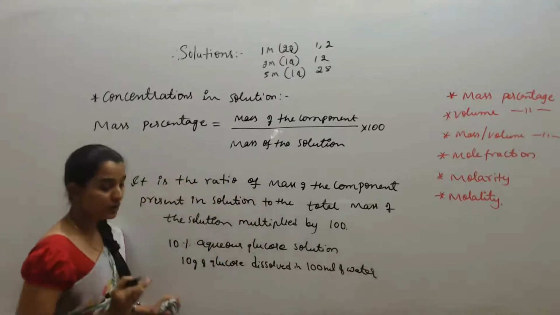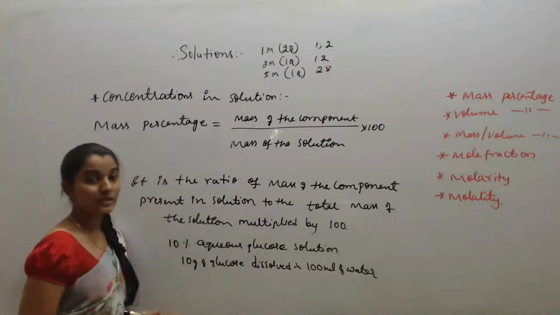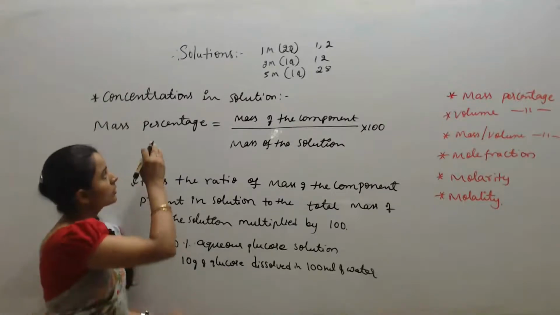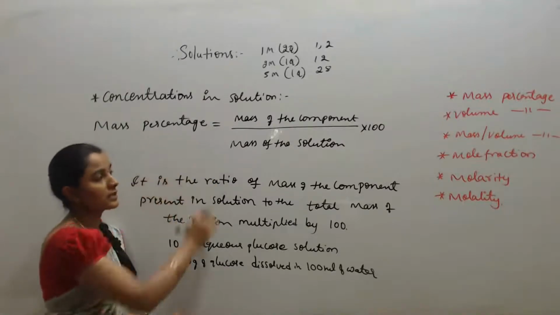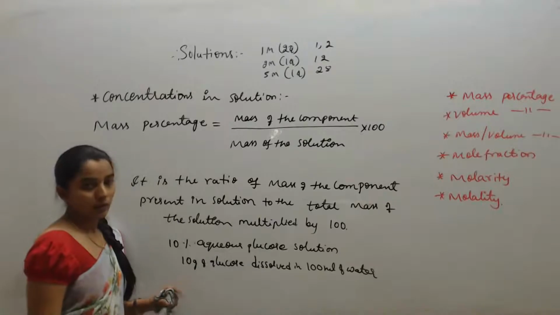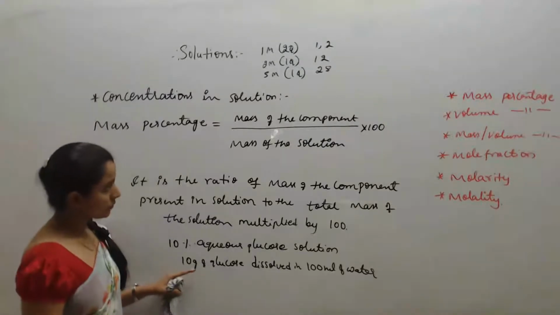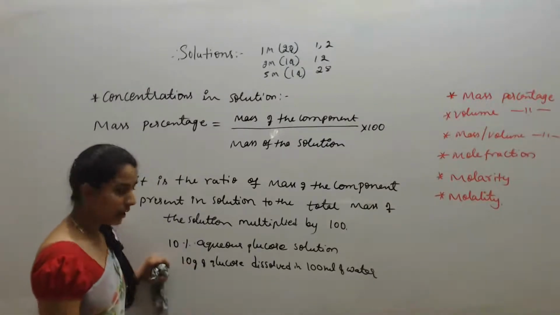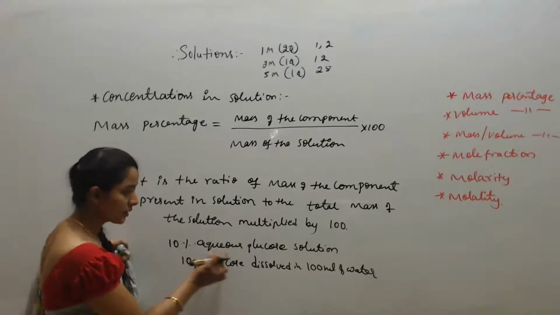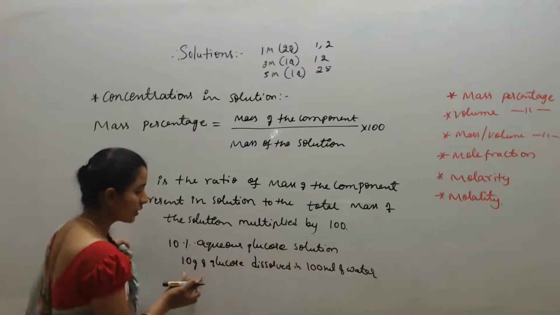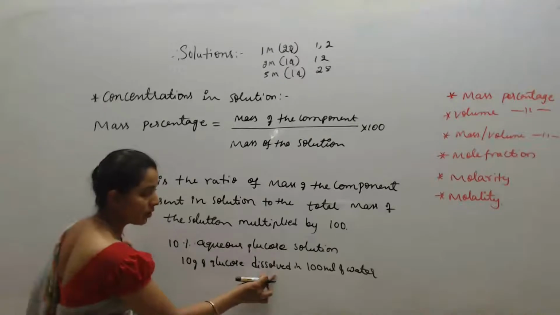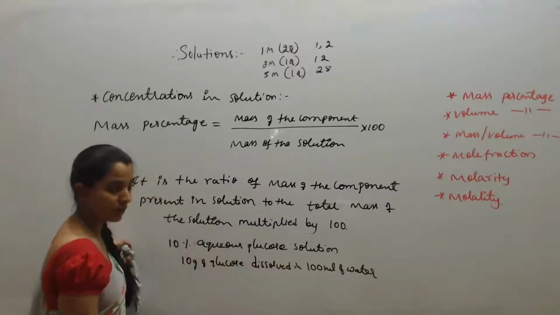Understood? Not 1000. If it is compared with 1000, that gives molarity. Here we are taking mass percentage. Percentage means with respect to 100 we have to calculate. So 10% aqueous glucose solution means 10 gram of glucose dissolved in 100 ml of water.